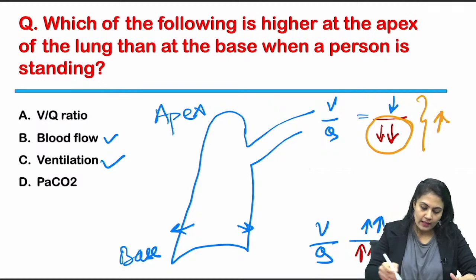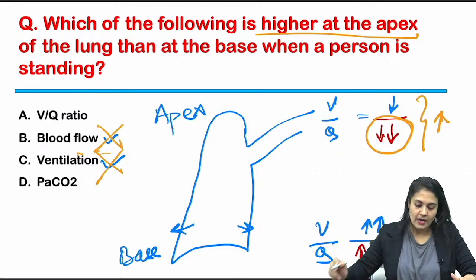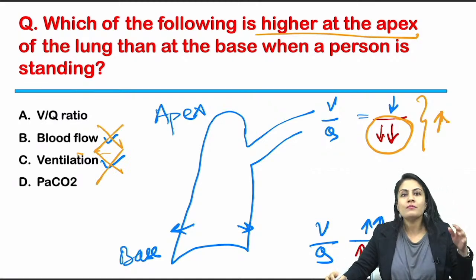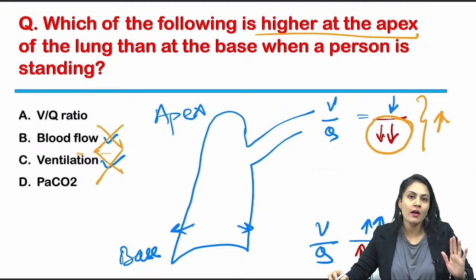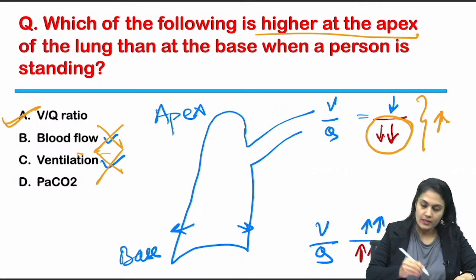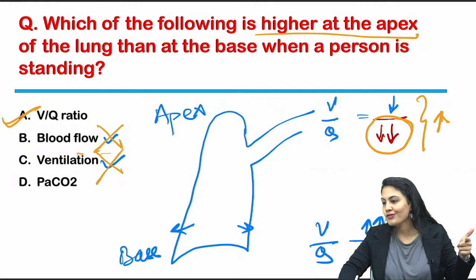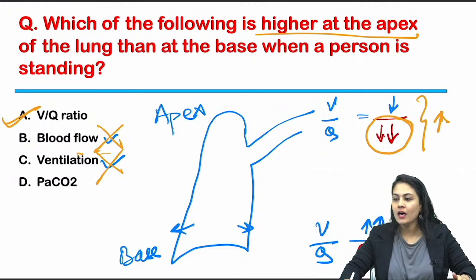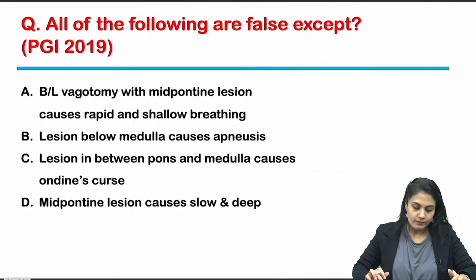What they are asking is what is higher at apex: ventilation is higher at base, perfusion is higher at base, PCO2 is maintained everywhere, right? It is a partial pressure, it doesn't depend upon the area. So yes, the answer over here is option A. I got the answers. Ankur, Vinika, all of you are correct. Dr. Rao. Good. Let's move on.